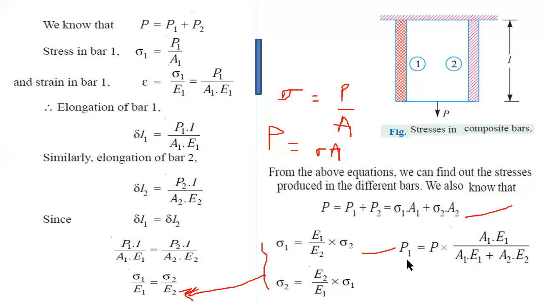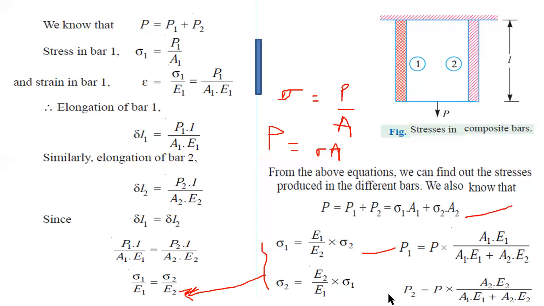This is the formula for the load carried by bar 1. Similarly, the load carried by bar 2, P2, equals P into A2 E2 divided by A1 E1 plus A2 E2. By using these two formulas, you can find the load carried by each bar.